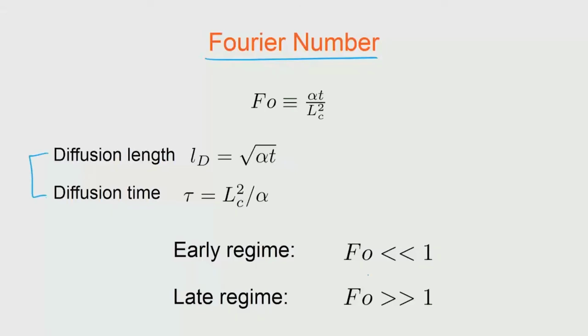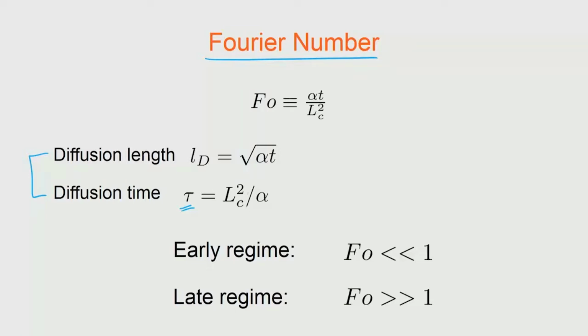So, there is something called diffusion length, which means that for the amount of time t, how far the thermal diffusion would take place, and if thermal diffusivity is alpha, then root of alpha t would give you basically the length over which the thermal effects are taking place. That is the diffusion length. You could also think of diffusion time tau, which is Lc square by alpha, which means if the domain is Lc, then how long it takes for the thermal diffusion to affect the entire domain. So, that also can be done.